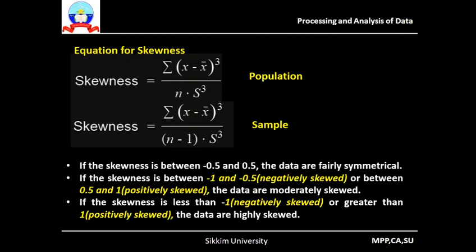Now let us try to understand how to interpret the value of skewness. If the value of skewness is between minus 0.5 and 0.5, then it is understood that data are fairly symmetrical.